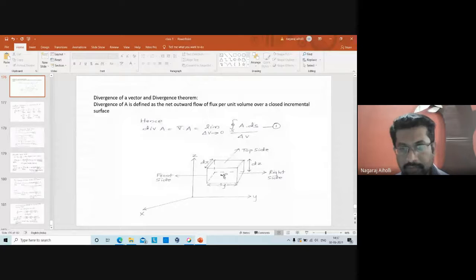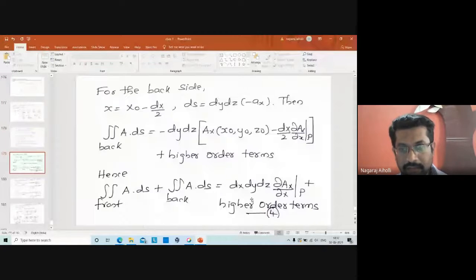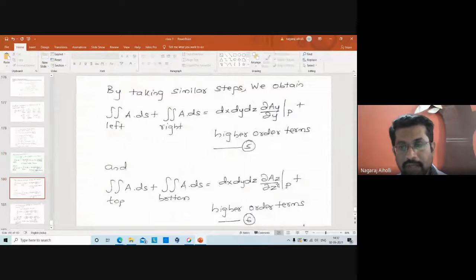So when we take the left side and right side, it is the y coordinate, left to right, y coordinate it is, correct? Therefore, in this term, we will get ∂Ay/∂y for left plus right, with respect to point P plus the higher order terms.